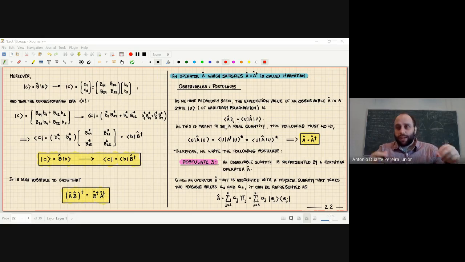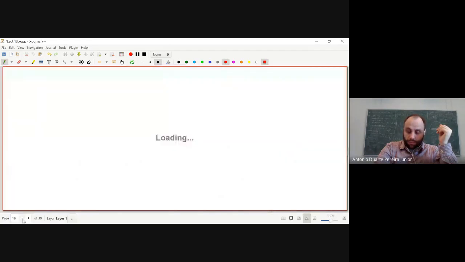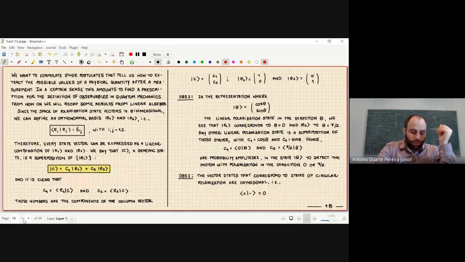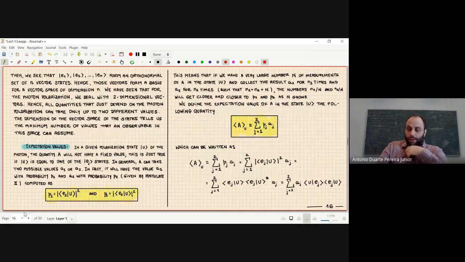But you see that the expectation value that I defined here is the probability of getting the outcome a_j times the outcome a_j. So the outcome is a real number, right? You measure in the lab a real number, and the probability is also a real number.